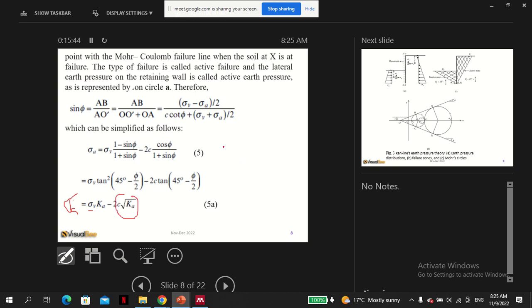This is why we are saying that K is sigma H over sigma V, of course for when we assume there's no cohesion. When there's some cohesion, you can see, this is why we are saying that sigma H is Ka sigma V, but of course with cohesion you have to subtract this part, 2c root Ka.